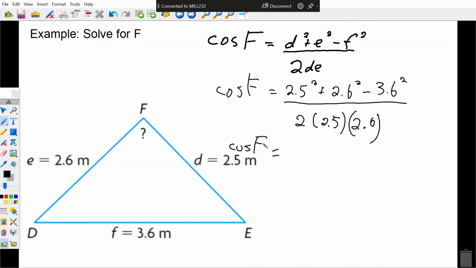So the top row there, 2.5 squared is 6.25 plus 2.6 squared, 6.76 minus 3.6 squared is 12.96.